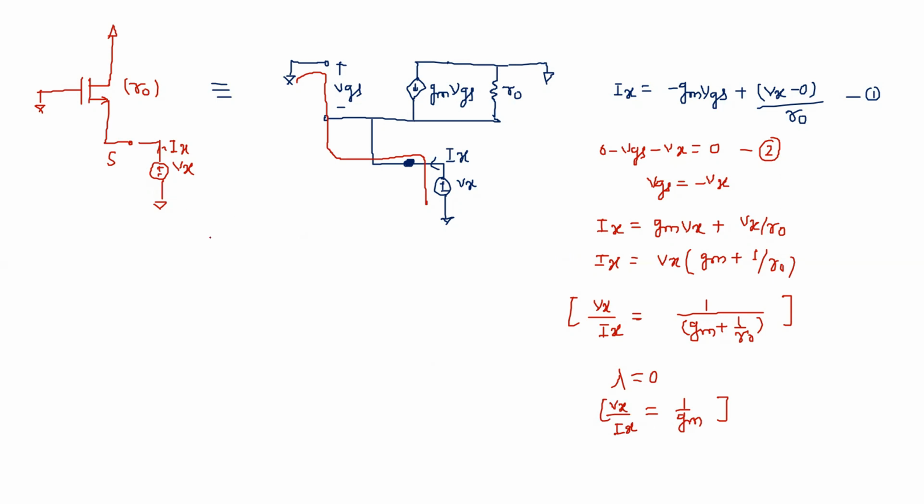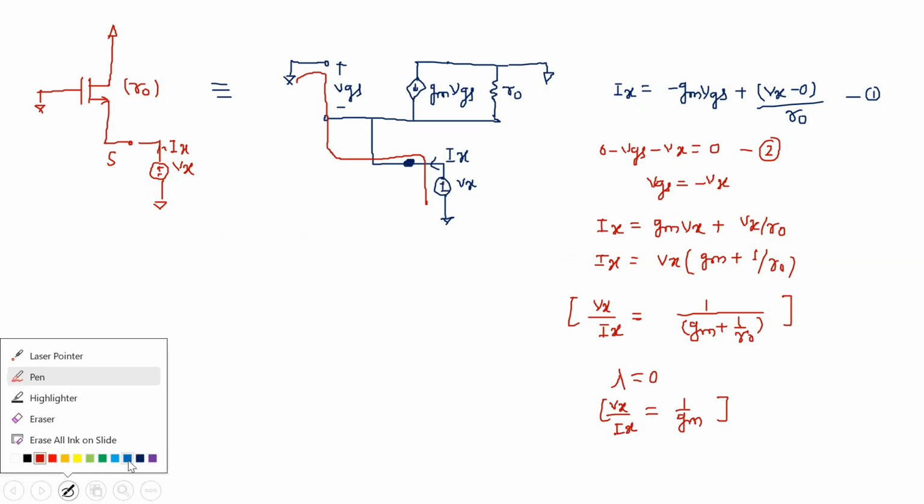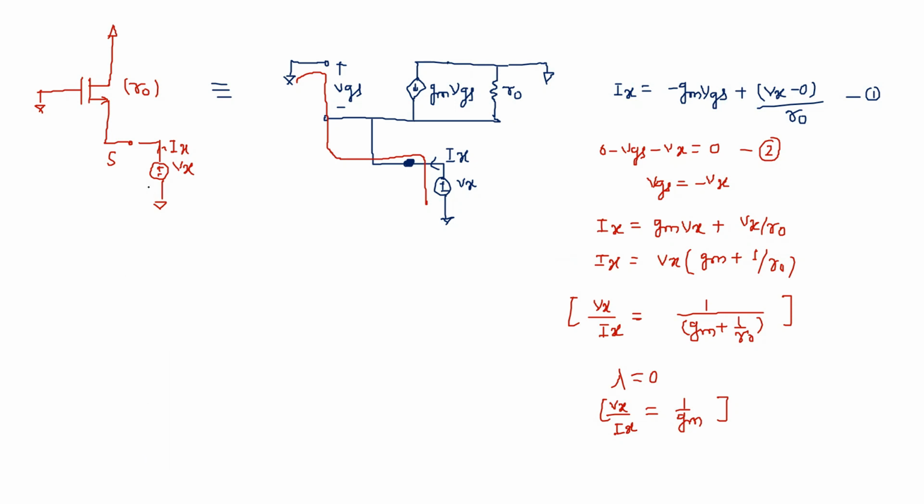So if we are looking from the side of gate, it will always offer the infinite impedance. You can see this, because when we look from the side of gate, there is zero current flowing through it, because the gate oxide is there, due to which no current flows across it.